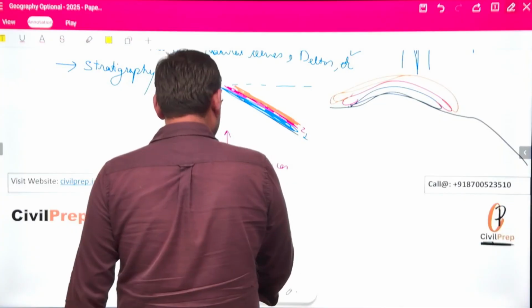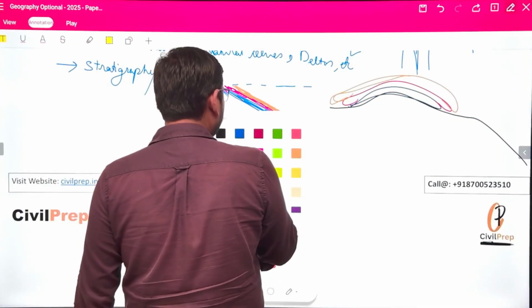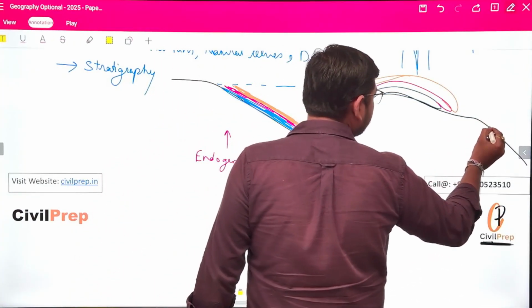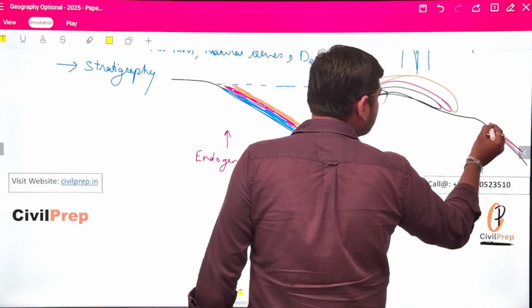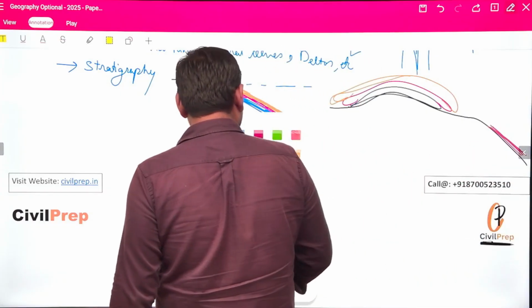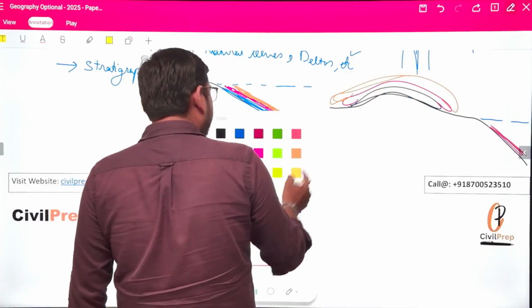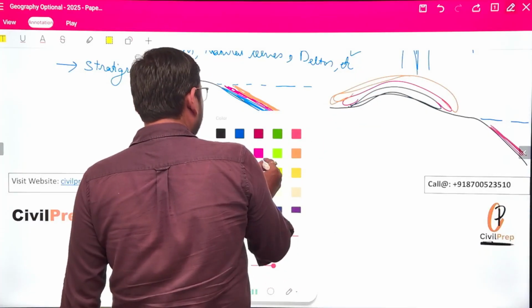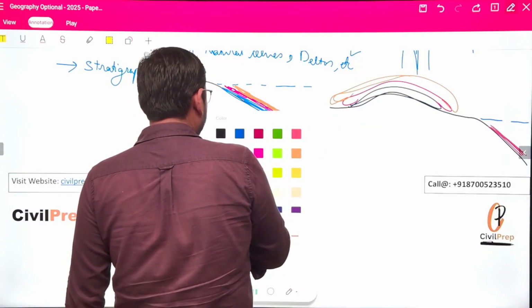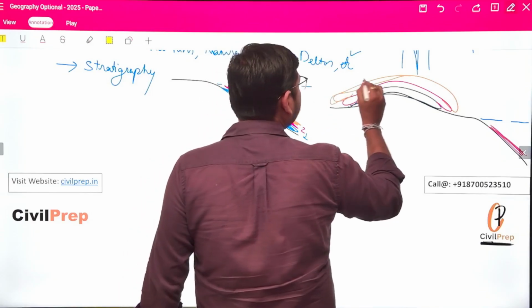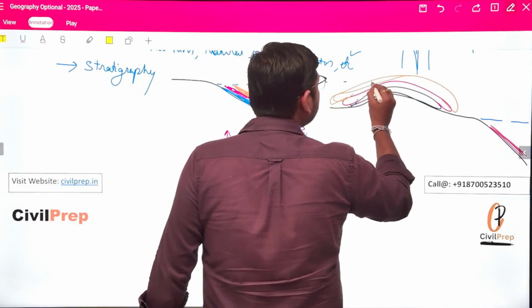So we have certain deposition at this point. But at the same time, there will again be deposition of sediments inside the oceanic region. Now, when they are coming out of this region, they will undergo denudation. As they undergo denudation, the erosion of the surfaces will start.